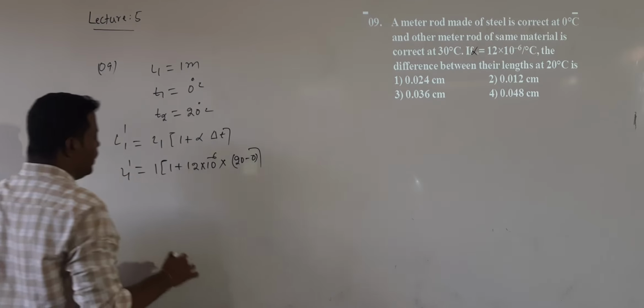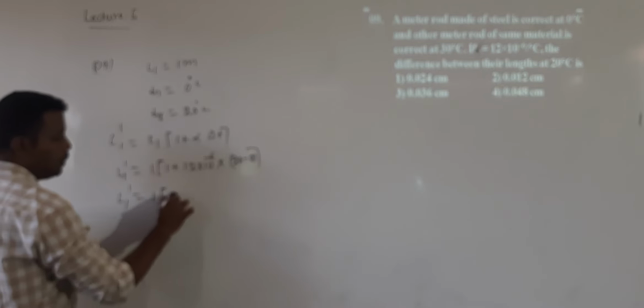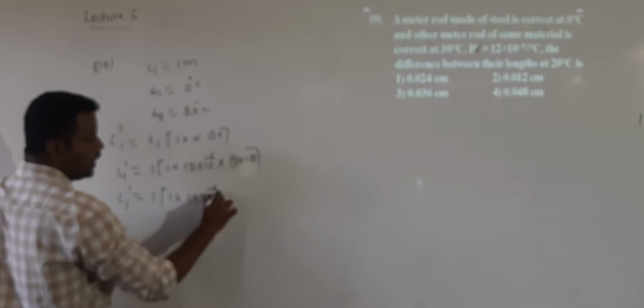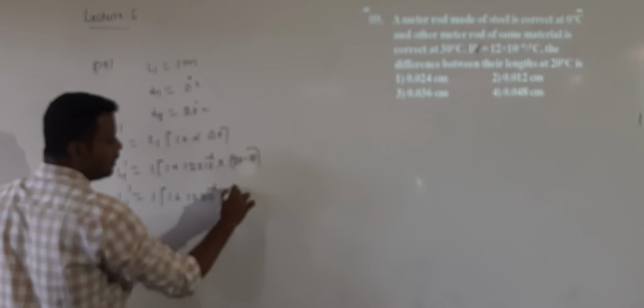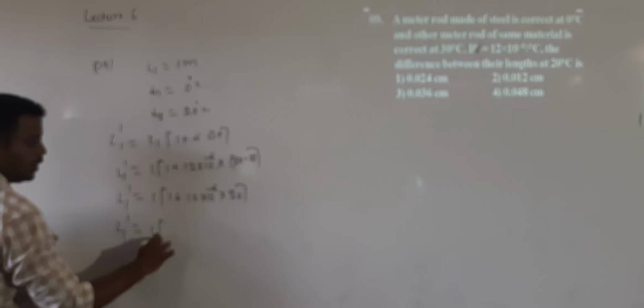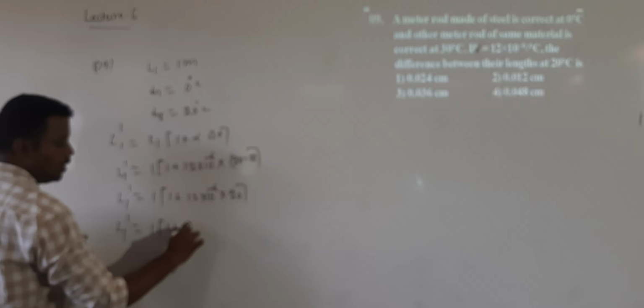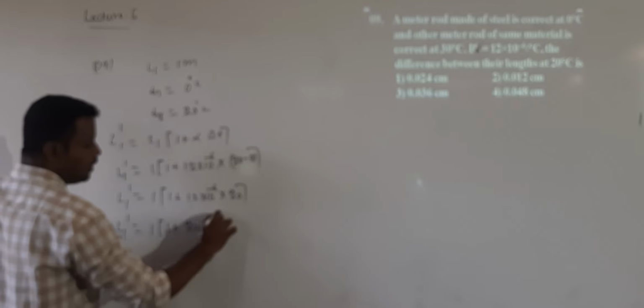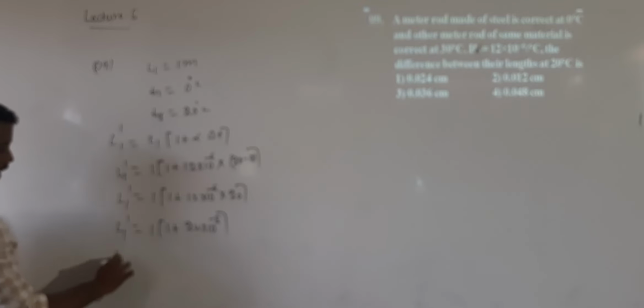Correct? So what will we get for L1 dash? L1 dash is equal to 1 into 1 plus 12 into 10 power of minus 6 into 20. 12 twos are 24, 24 into 10 power minus 5. Then L1 dash is equal to 1 into 1 plus this value, 0.00024. Correct? Then what will we get for L1 dash?